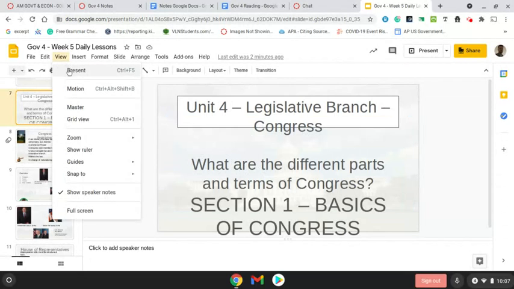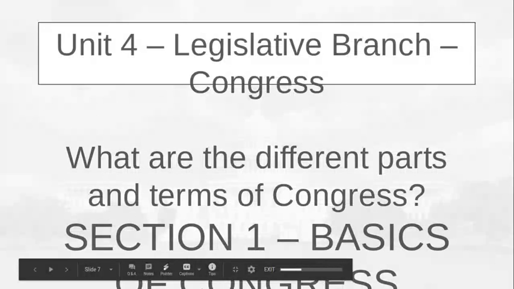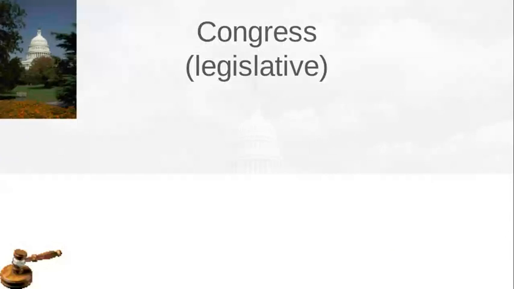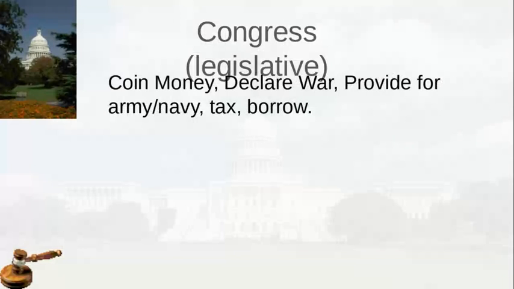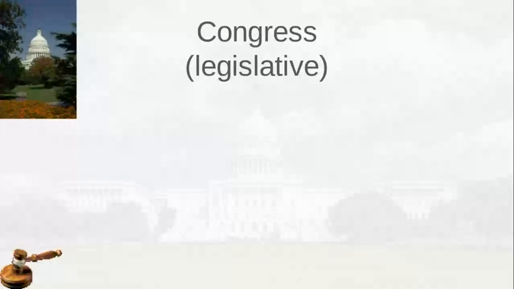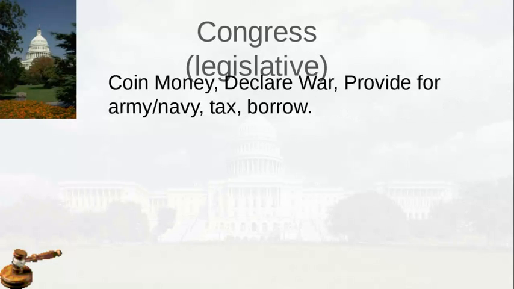So just to start with, the legislative branch, of course, is talking about Congress, and that all comes from Article 1 of the Constitution. Each one of those first 3 articles is about a different branch.